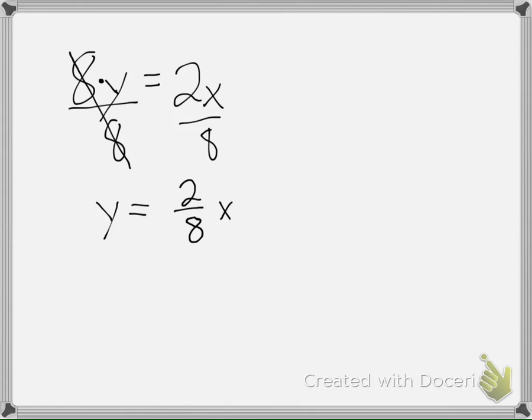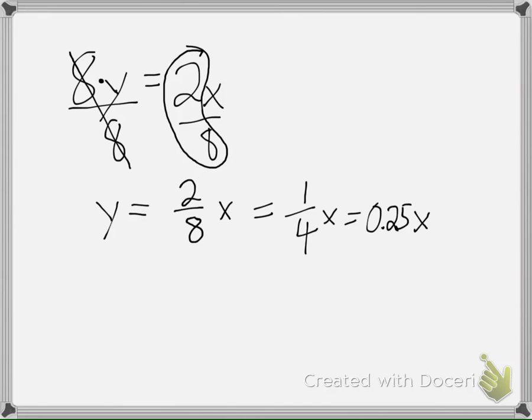So this is 2/8x, or you could call it 1/4x, or 0.25x. All of them are the same thing. The main thing here is to realize that it's the number divided by the number, and then the variable just gets multiplied by that.